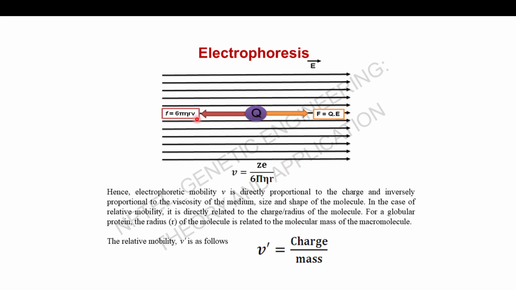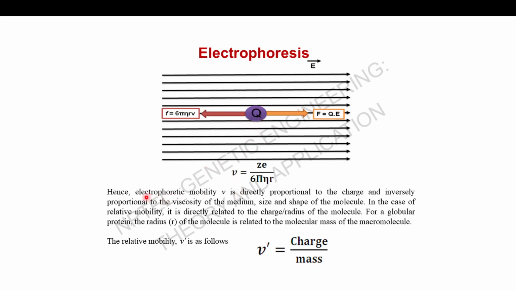So this is the field direction, the electric field direction. This is the force being experienced by your sample of interest, and this is the frictional, or the opposite force, acting on this particular molecule.